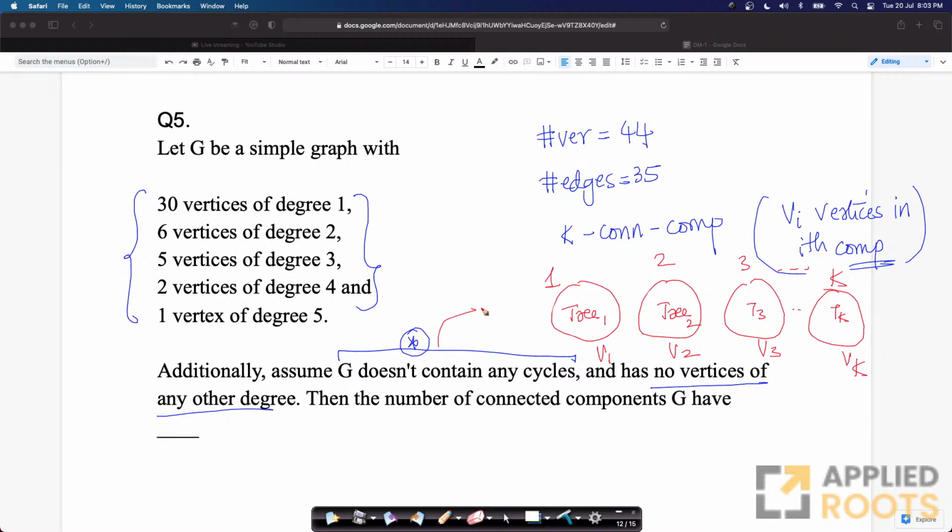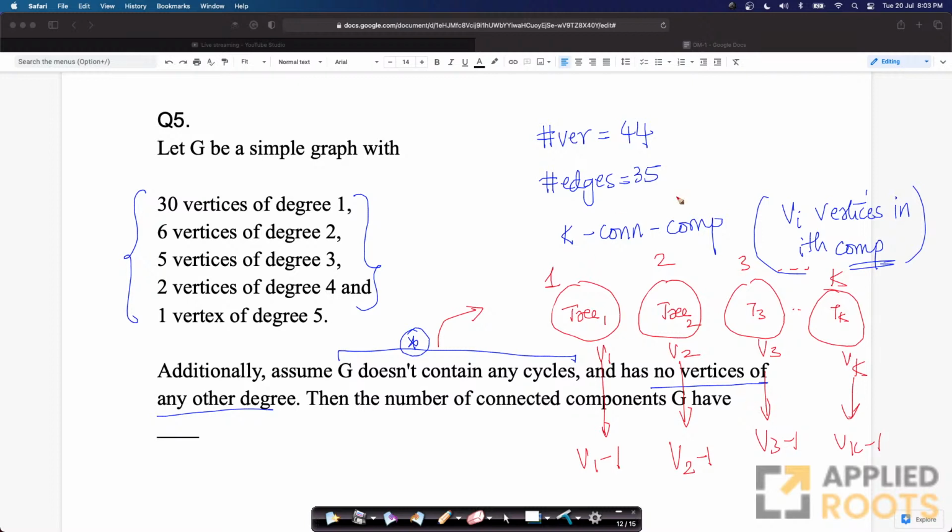That's why I said this is one of the most important pieces of information. If it has V1 vertices, how many edges will it have? V1 minus 1. This is component 1, 2, 3, so right? So V2 minus 1. V3 minus 1. Vk minus 1. Simple logic, right?